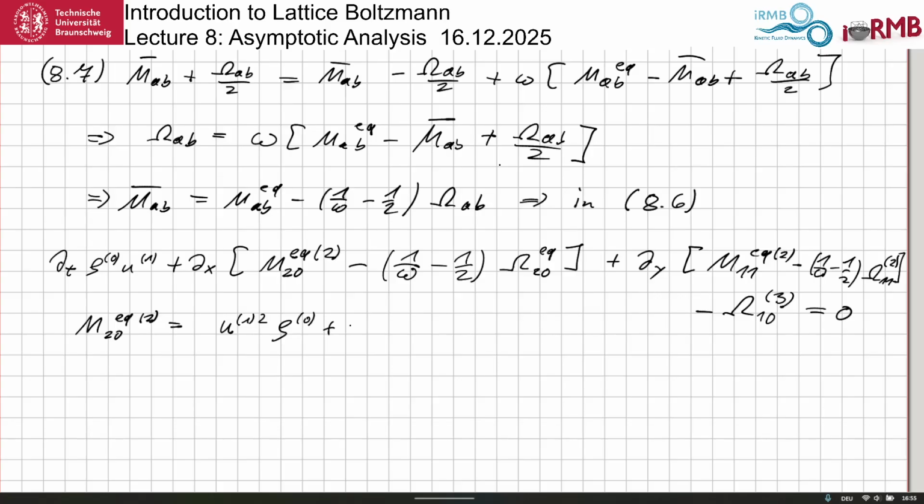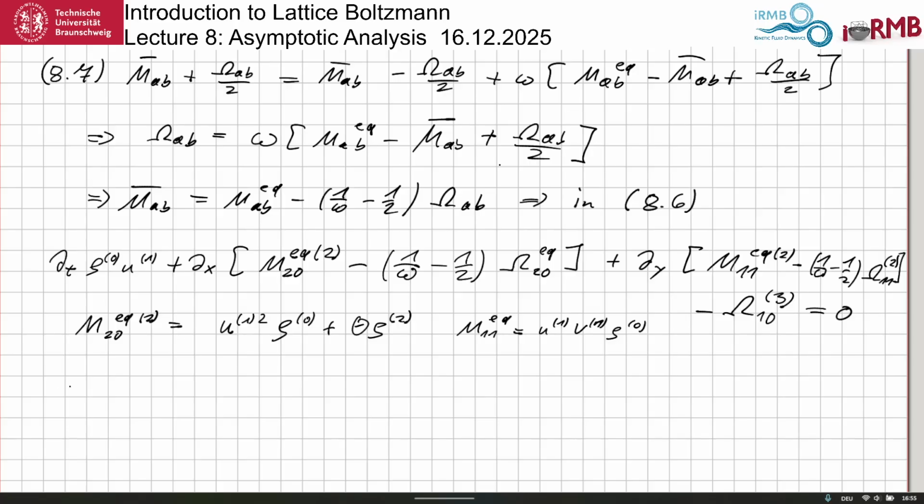We also have this theta part, so c_s. And in order for this to be second order, this comes with rho to second order. So now we have rho to 0 order and we have rho to second order. Okay? And the M11 equilibrium is a little simpler. It's u1 v1 times rho 0.